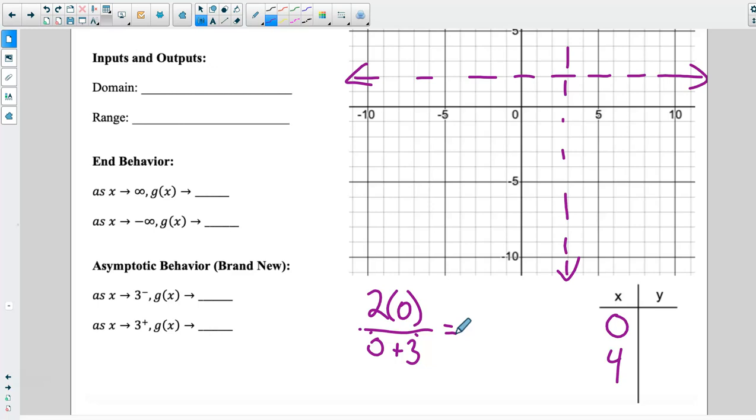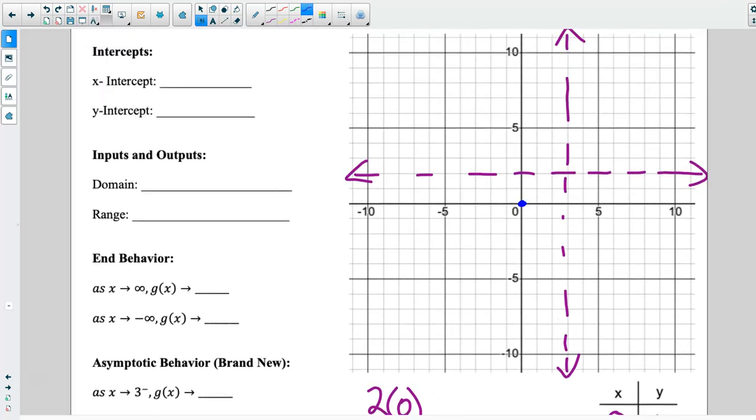What's 0? 0. What's 4? 8. Good. So we got (0, 0) and (4, 8).